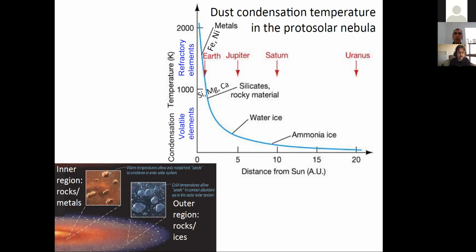And this will be also the case for smaller objects. So in the inner regions, you will have rocky planetesimals, and in the outer regions, you will have rocks and ice. So this reflects, for example, the composition of small objects like the asteroids that have a larger amount of rocks compared, for example, to a trans-Neptunian object that will have a larger amount of ices.